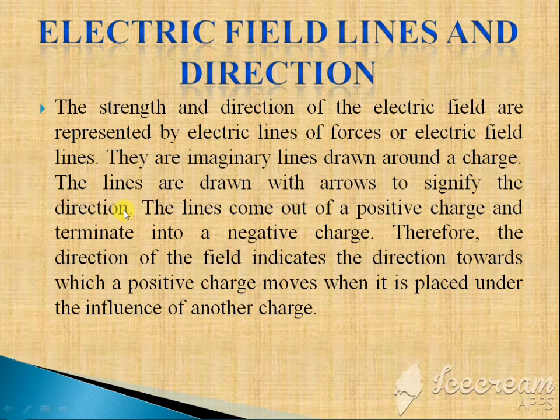The lines come out from positive charge and terminate into a negative charge. Therefore, the direction of the field indicates the direction towards which a positive charge moves when it is placed under the influence of another charge.